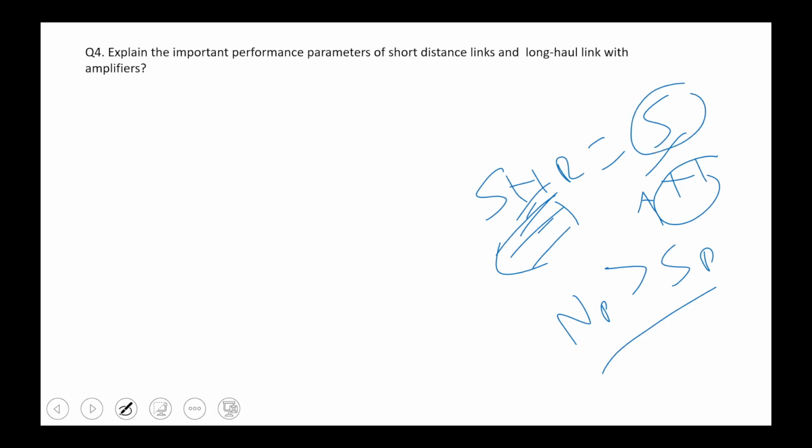Can the signal be recovered? Can we detect that signal or not at the output side?